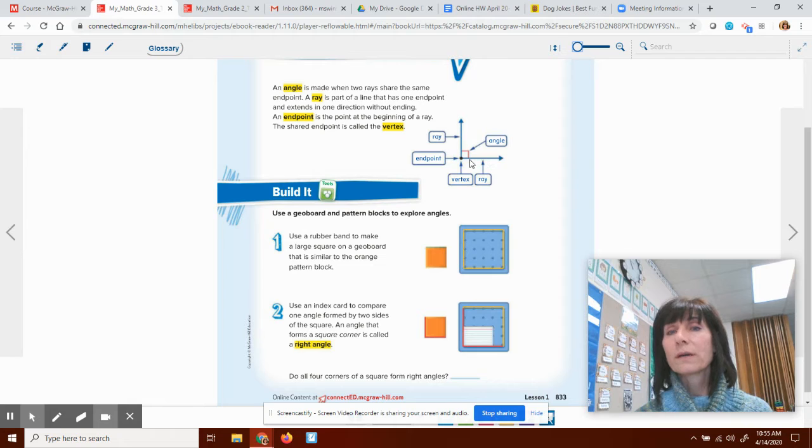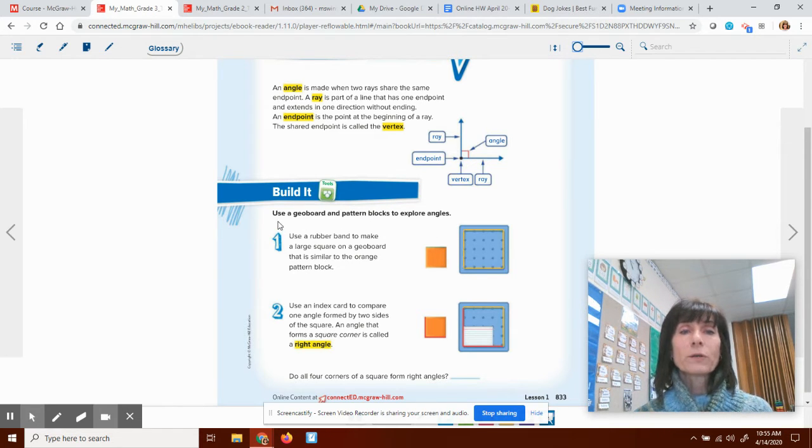Here they're showing a ray. An endpoint is the point at the beginning of a ray, which we illustrate with a point. And the shared endpoint, so this ray and this ray, they're sharing the endpoint, which is called the vertex.